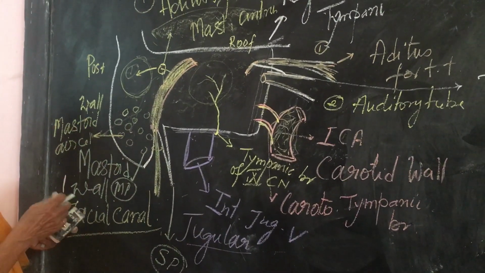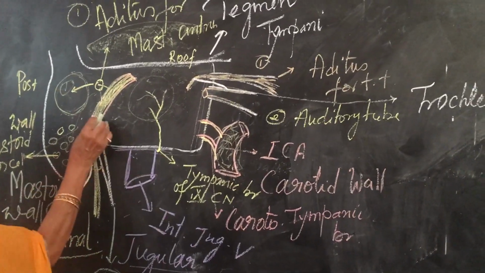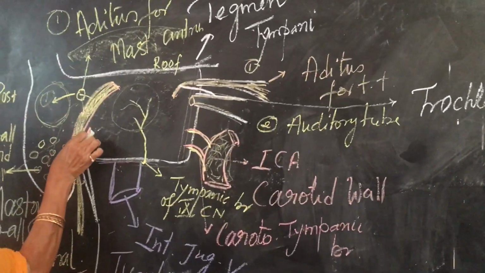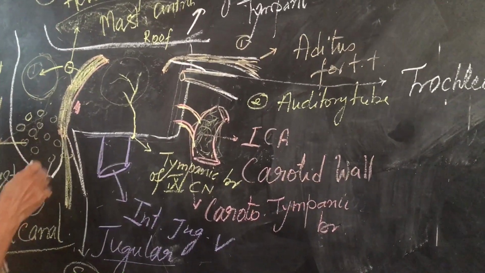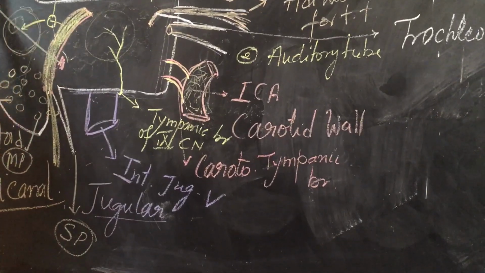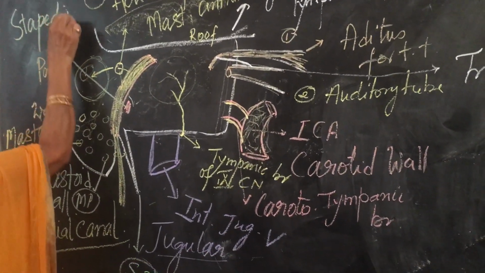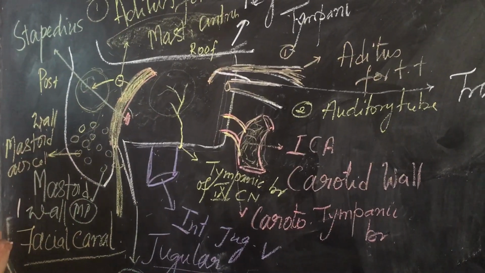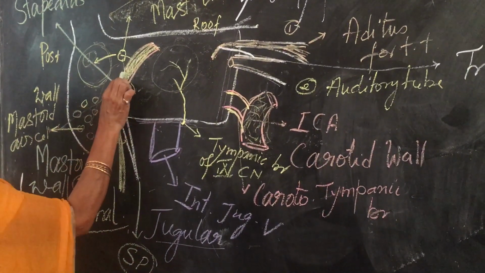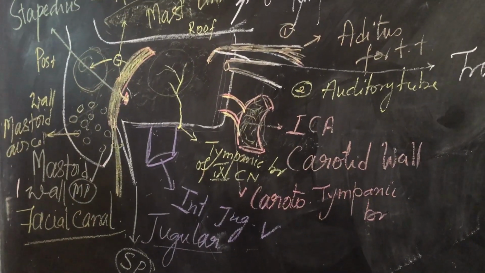Next, there is a small muscle in the posterior wall which this nerve supplies. This small muscle is attached to the stapes. This muscle you call the stapedius. So the facial nerve, as it emerges, gives a branch supplying the stapedius.